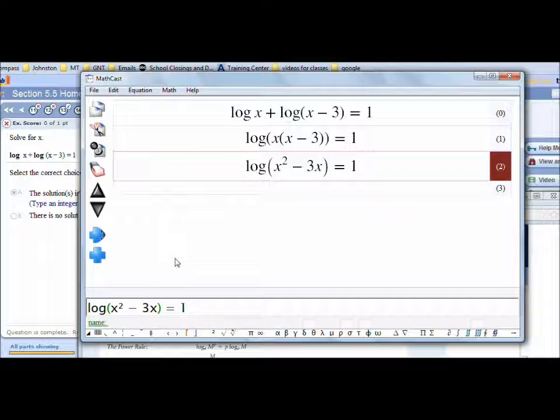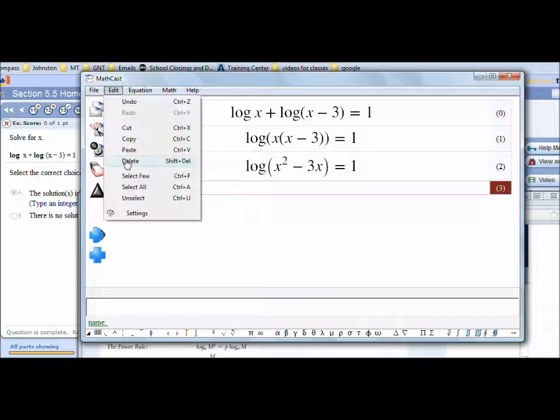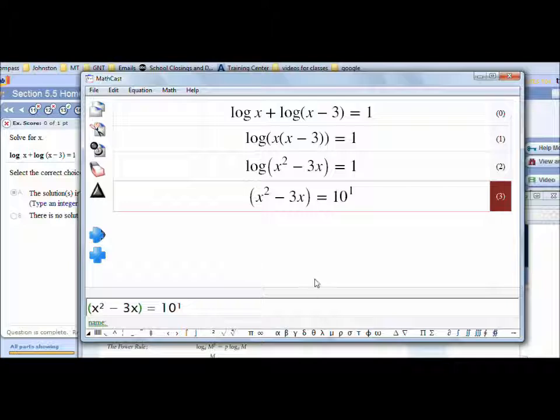Edit, copy, and let's go down here. Paste. So what I'm going to end up having here is going to be this. Raised to the first power, which is just 10.